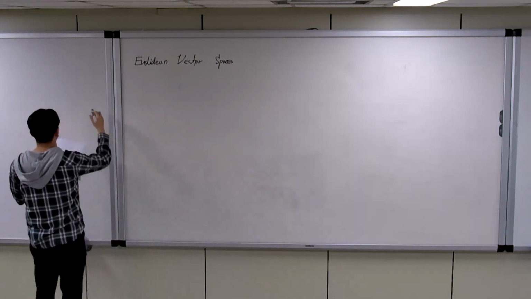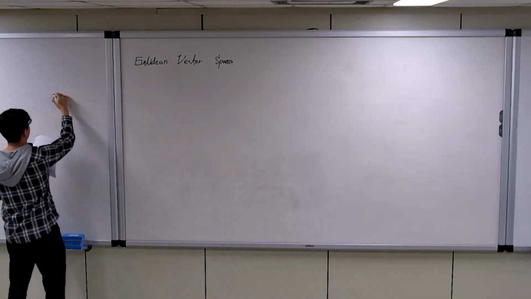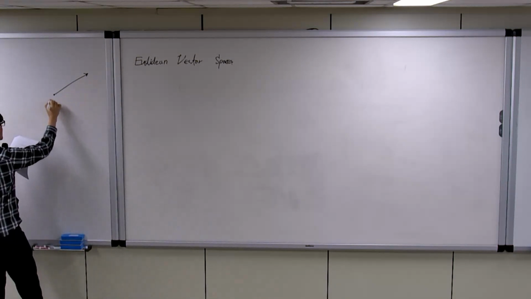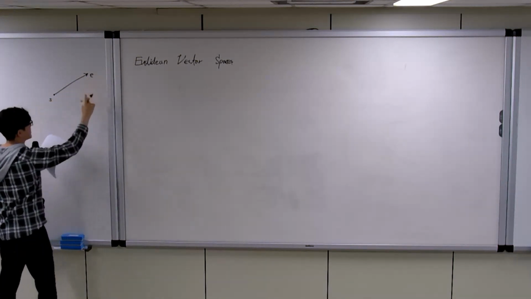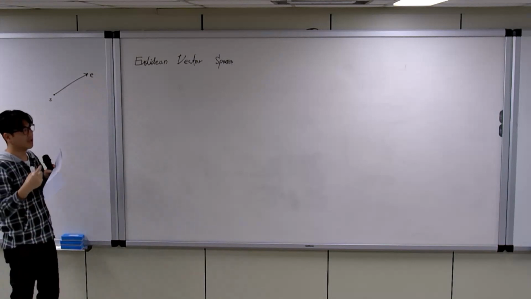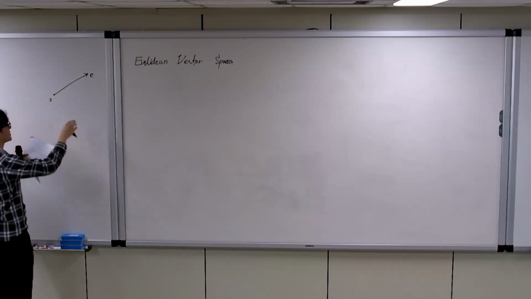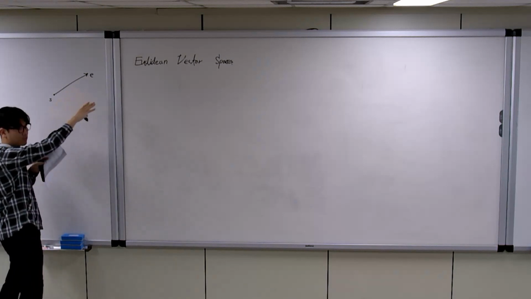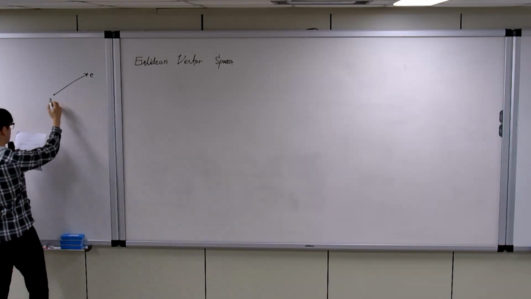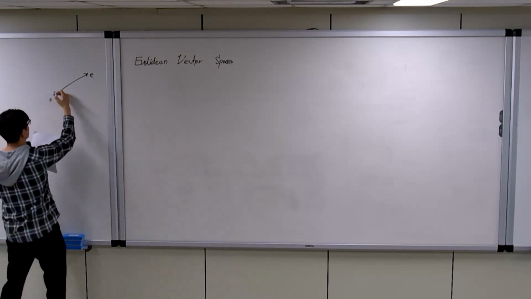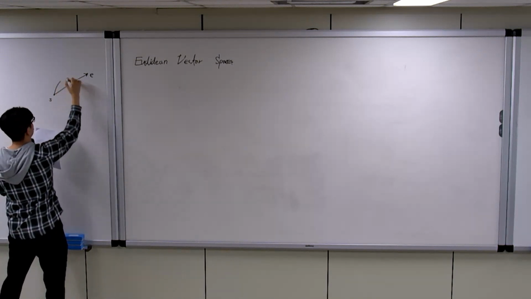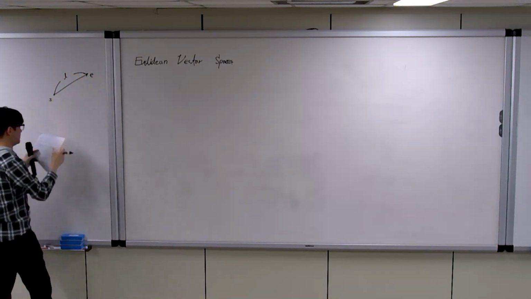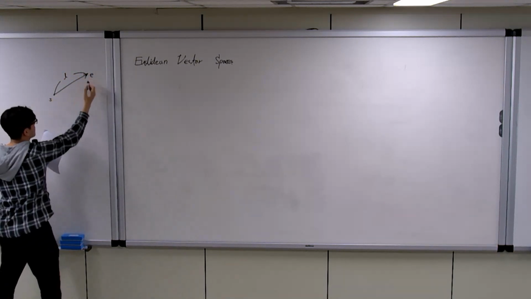A vector has a starting point and an end point, and we usually represent a vector as an arrow, so it has a length and it has a direction.